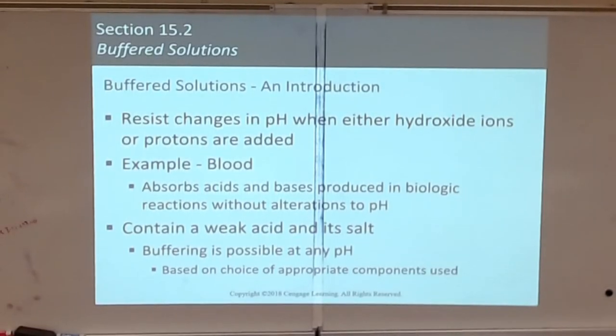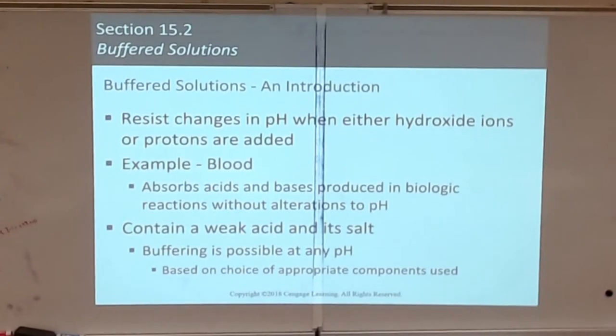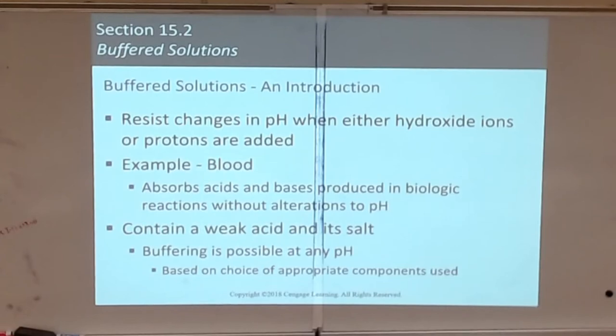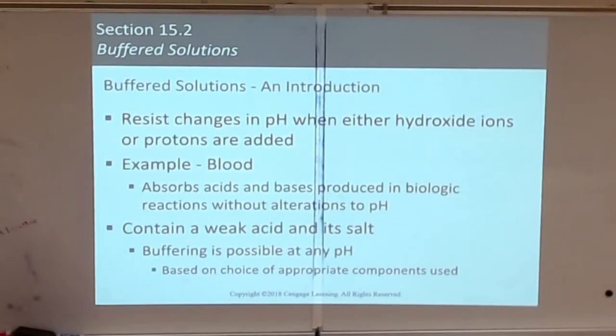All right, so a buffered solution contains a weak acid and its salt. And buffering is possible at any pH. So I can do that, but I need to appropriately pick the components I'm going to use based on the pH range that I want to buffer.